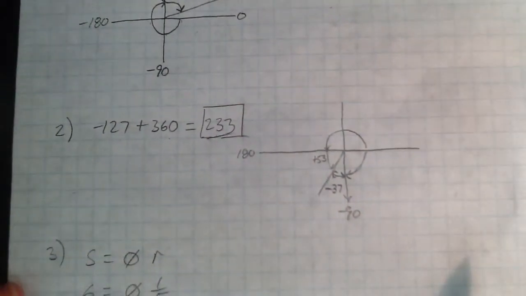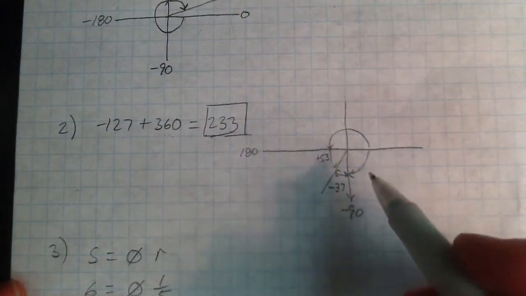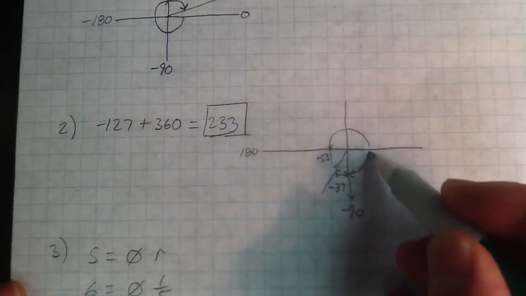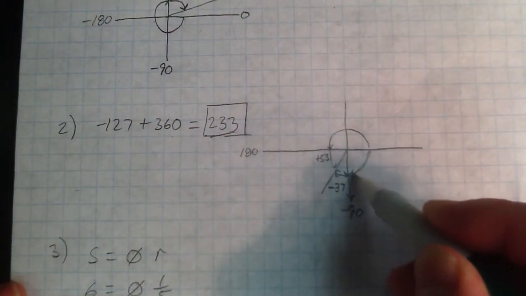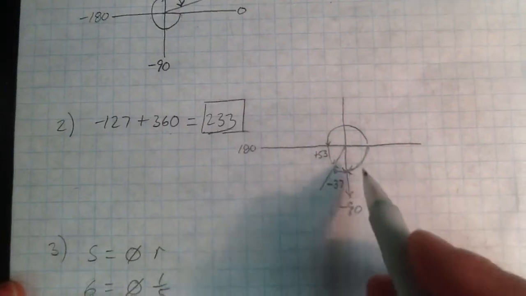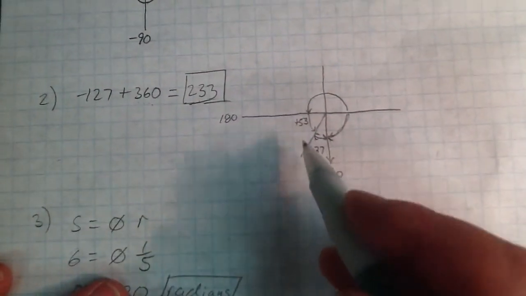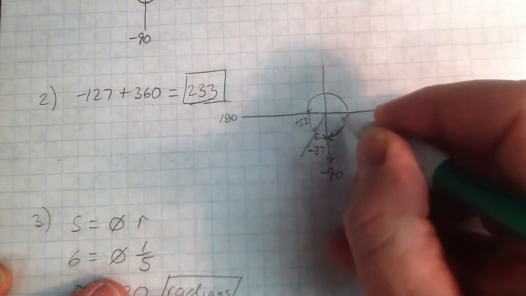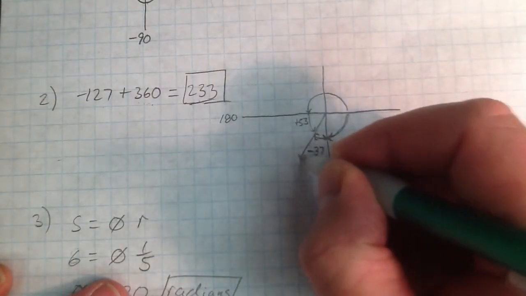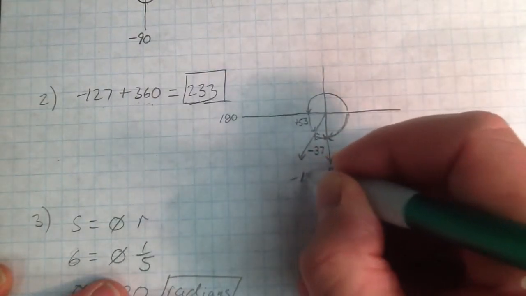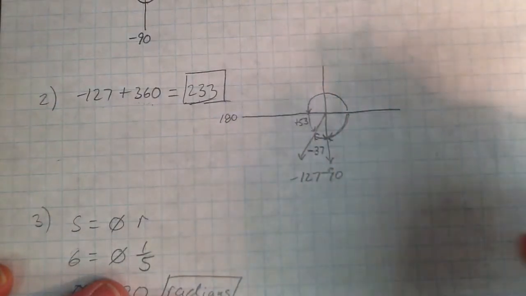Let's think a little bit again about what coterminal means. This first angle I drew, if I go negative 90 and then 37 more degrees, then this angle here is negative 127 degrees.